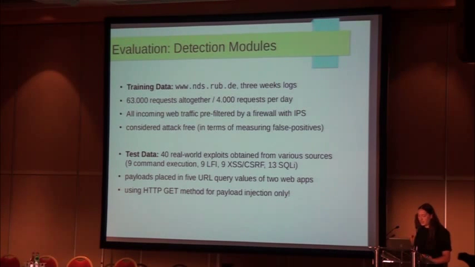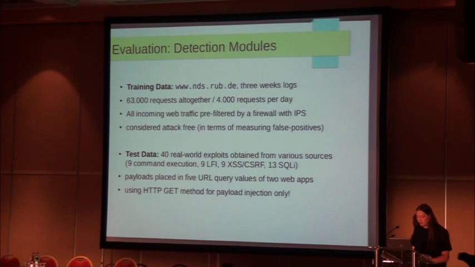We used the training data of our institute's web server. It's 3 weeks of logs, 60,000 requests altogether, 40,000 a day. All incoming traffic has been pre-filtered by some firewall with IPS. So we think that most of the attacks didn't even get to the logs, which is good because we wanted an attack-free or mostly attack-free training dataset. We need this, if possible, an unpoisoned dataset, and it's okay to use this for just measuring our false positive rate.